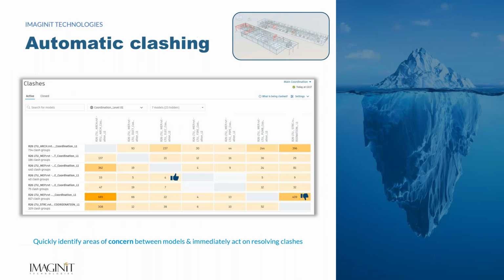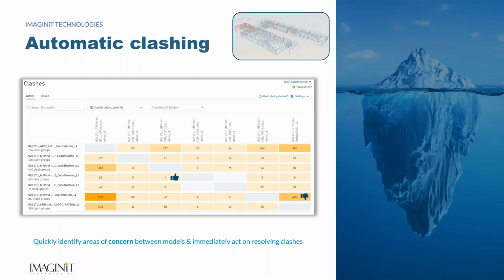Another aspect that we touched on last time was automatic clashing. I was a clasher, a model coordinator if you will, back in the day, and the steps it took to set up your Clash Detective in Navisworks and go through the clash report were cumbersome and took a lot of time.